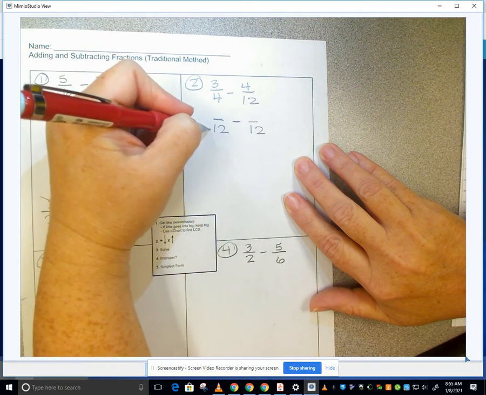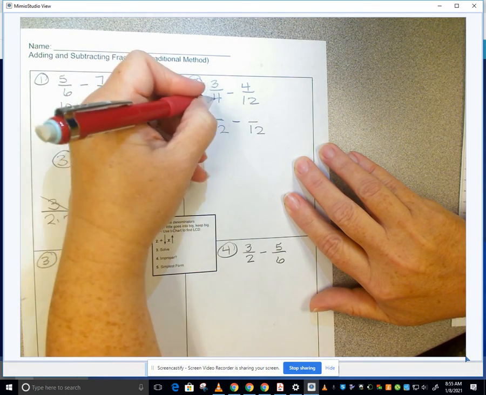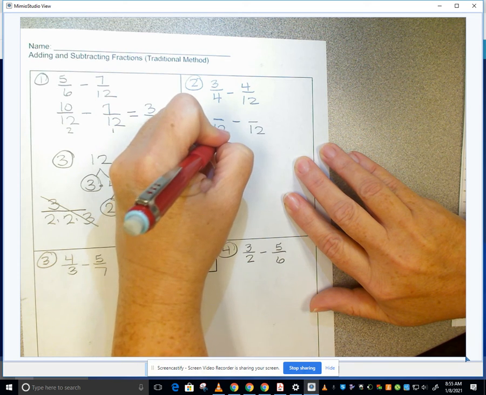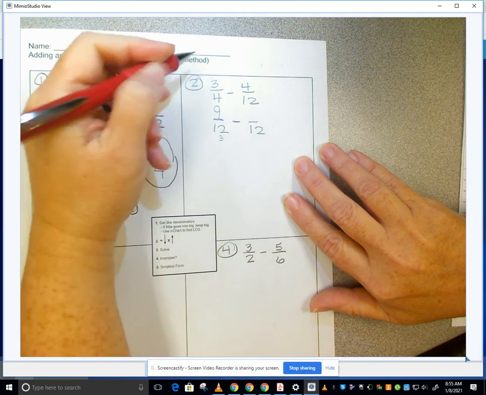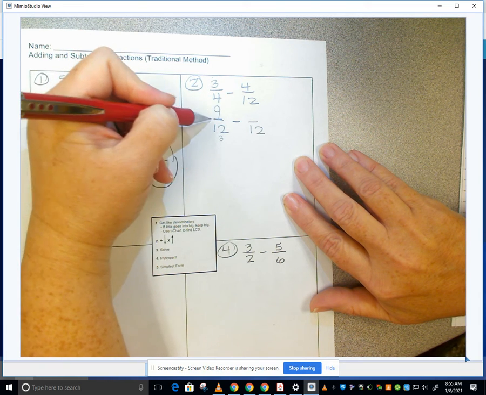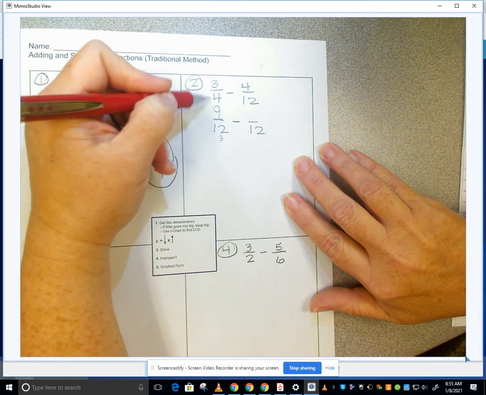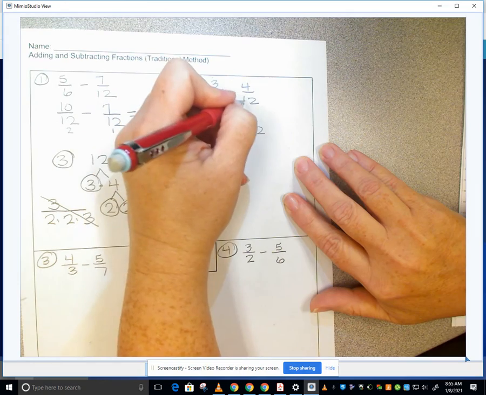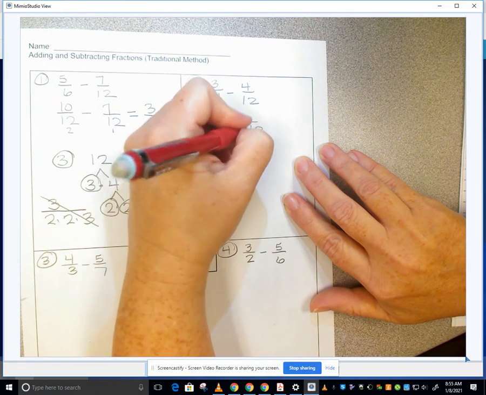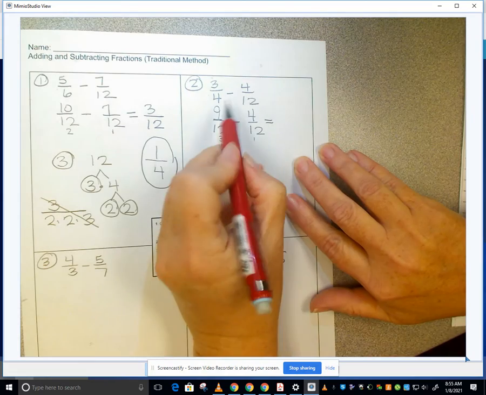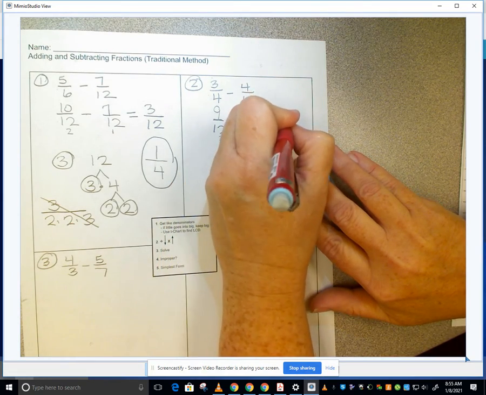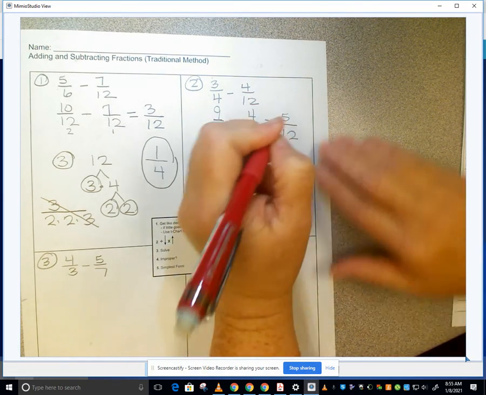We're going to divide down, multiply up. 4 will go into 12 3 times. 3 times 3 is 9. So we just renamed 3/4 to 9/12. These are equivalent fractions. 12 will go into 12 one time. 1 times 4 is 4. 9 minus 4 is 5, and I'll keep my 12.